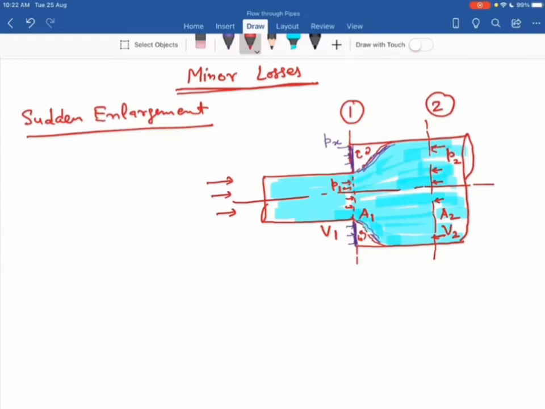At section 1, we have P1A1 plus Px into the remaining annular area, that is A2 minus A1. Okay, that is at section 1 minus P2 into A2. This is equal to the change in momentum WQ upon G (V2 minus V1).